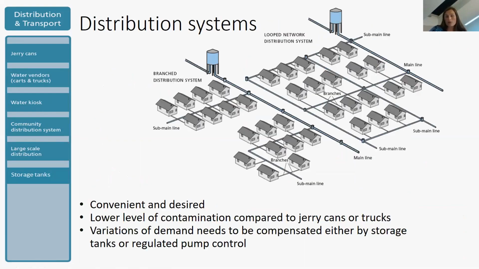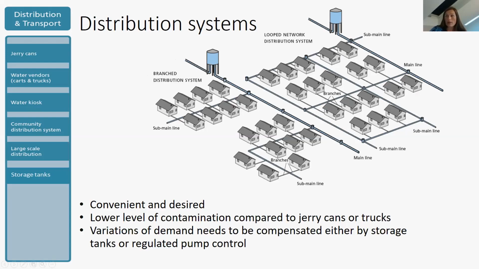And of course, a very important point is distribution systems. There are different types, from very small community systems, which are rather the branched type, to more complex loop networks, which are usually convenient and desired. They have a lower level of contamination compared, for example, to manual transport of water.